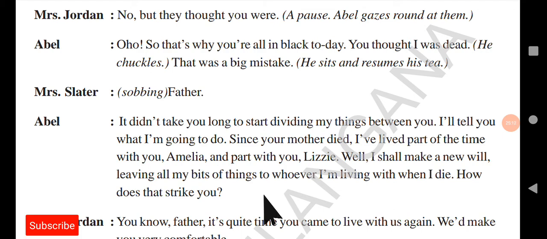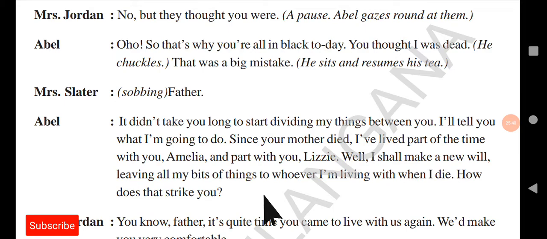Now Mrs. Slater tries to ask for forgiveness, saying father. Immediately Abel Meriwether says, the moment you thought I was dead, you both started to divide my things between you. Since your mother is dead, I lived some of the time with you and some with you, pointing to the two daughters.